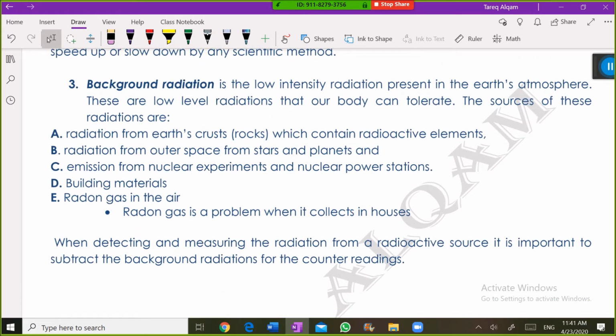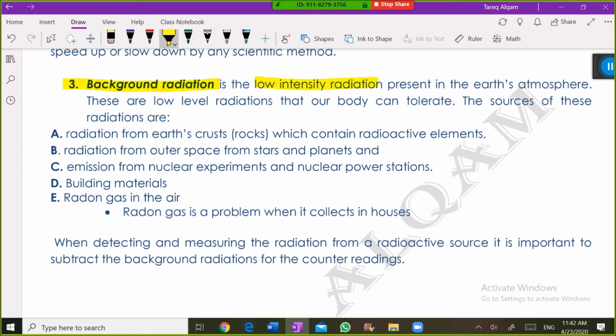Third point here, guys, I also have to define background radiation. I think most of you are familiar with that. Around us, guys, there are radioactive materials everywhere, but this radioactive material has a low intensity of radiation. So this radiation is very low, and our body can tolerate it.